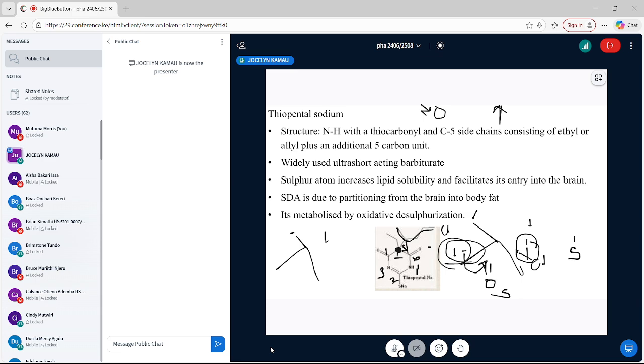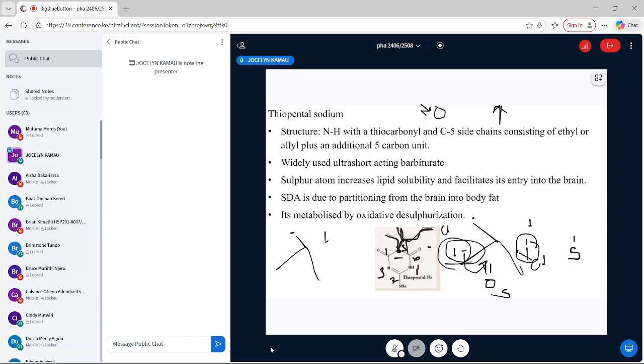And therefore, when you look at thiopentosodium, kindly note it has an ethyl group and it has this methyl. Look at this group and look for the longest chain: it is 1, 2, 3, 4. So we can call it a methyl butyl chain at that group, or it is a pentyl group at that position. And when we count the carbon atoms, we can say carbon 1, carbon 2, carbon 3, carbon 4, carbon 5, carbon 6, carbon 7.